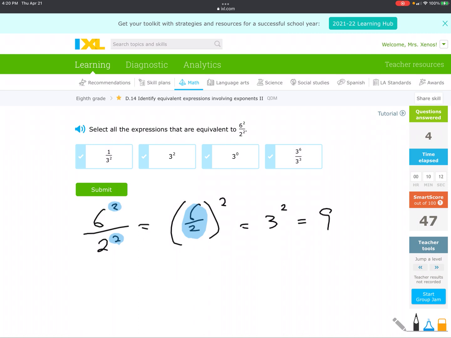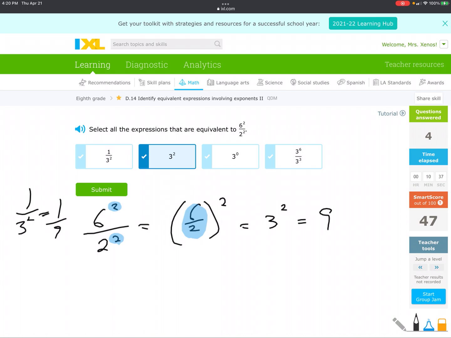And then we say, okay, which of these are equivalent? Well, I see 3 squared. 3 to the 0 is 1. 1 over 3 squared is 1 over 9. 1 over 9, not 9. 3 to the 0 power is 1, and then 3 to the 6 power over 3 squared.